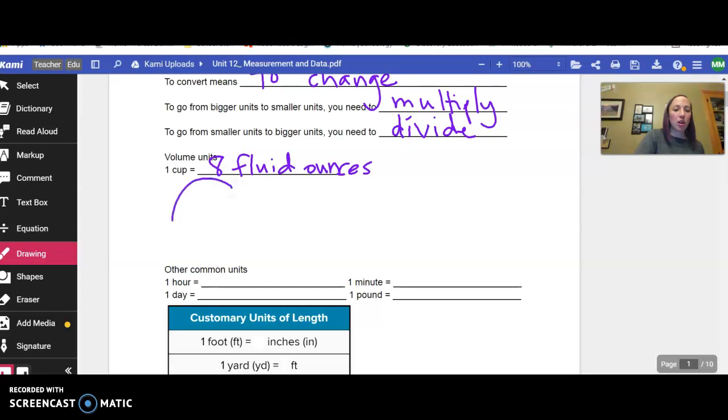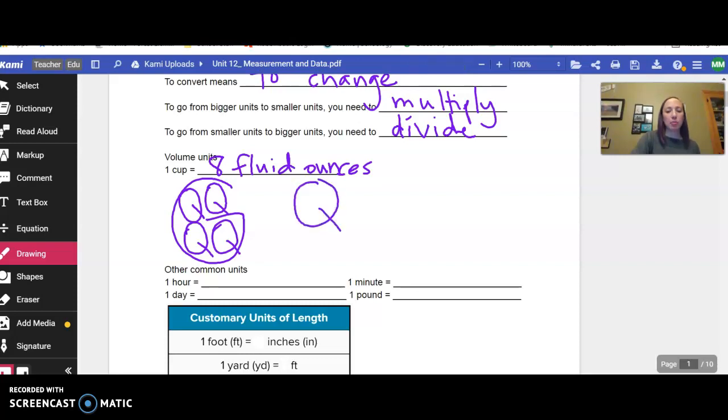You're going to draw a G, that stands for gallons. There's 4 quarts in 1 gallon. So we're going to draw 4 Q's in that G. Now in each quart, I'm going to draw a slightly bigger Q so I can fit 2 P's for pints.